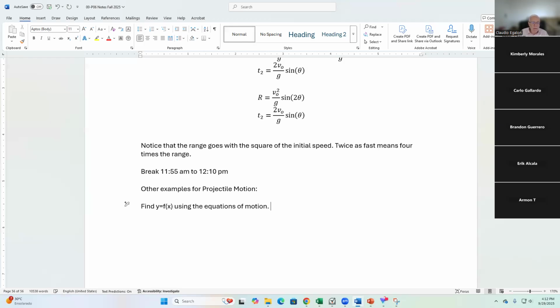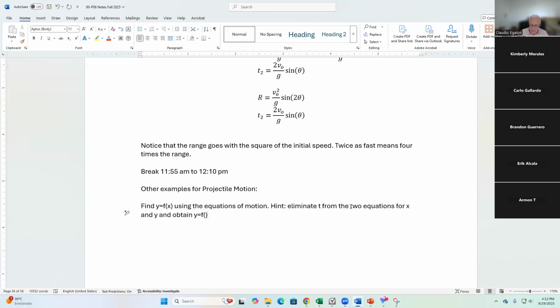So what you have to do, hint: eliminate t from the equations, and obtain from the two equations for x and y, y as a function of x.